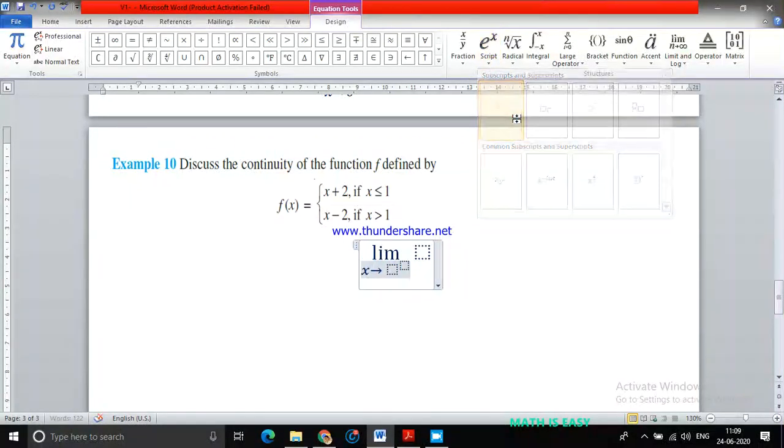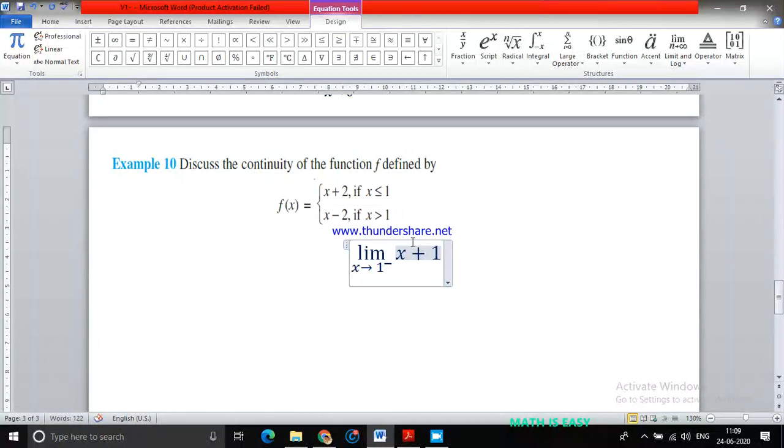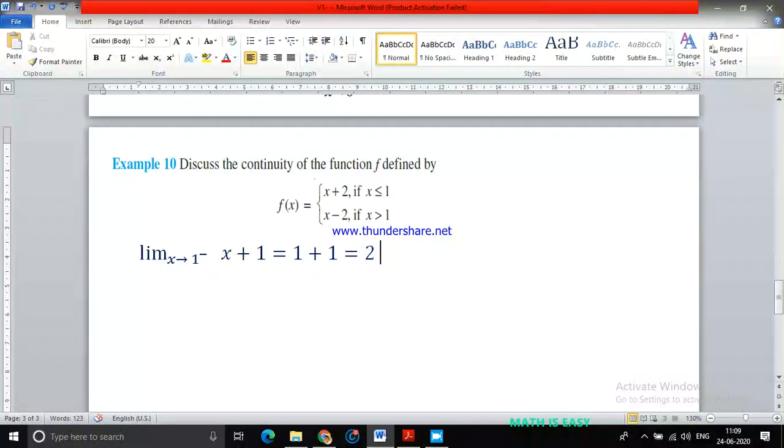If I take the left limit, 1 minus, that means less than 1, my function is going to be x plus 1. Agree? If I substitute x is 1, it is 1 plus 1, which equals 2. So I got the left limit as 2.